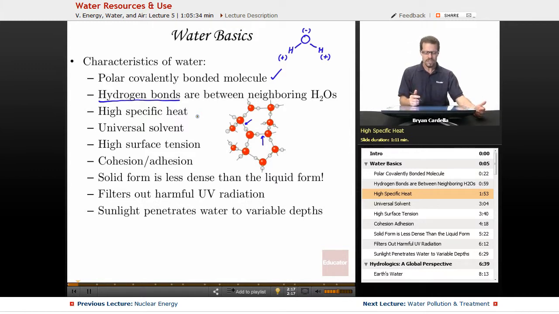So how does the high specific heat help life? Well, the fact that water is able to store so much heat energy and able to transfer it as well has a big impact on the climate of a lot of areas on Earth. For instance, I live in Los Angeles and I'm close enough to the beach where it will probably never snow as long as I live in that area of Los Angeles.